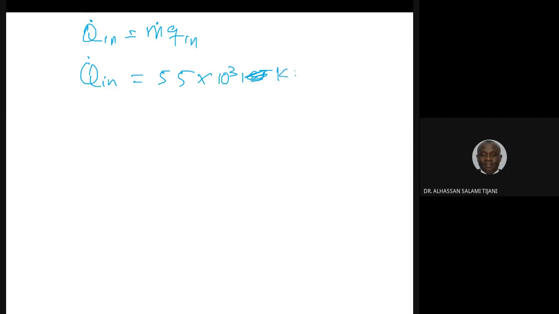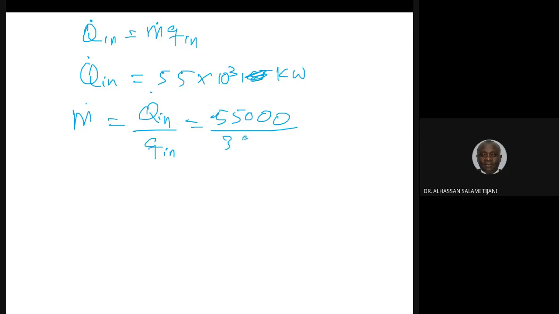So M dot equals Q in divided by small q in, which is the specific heat input. So this gives me 55,000 divided by 3939.51. If you calculate this carefully, it gives you 13.96 kilogram per second.